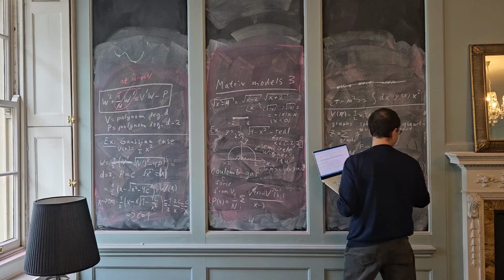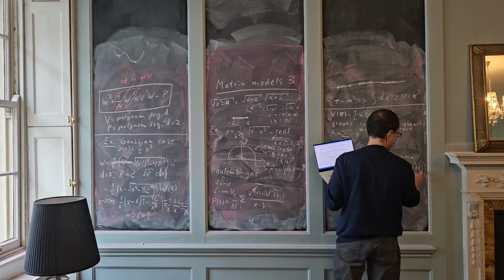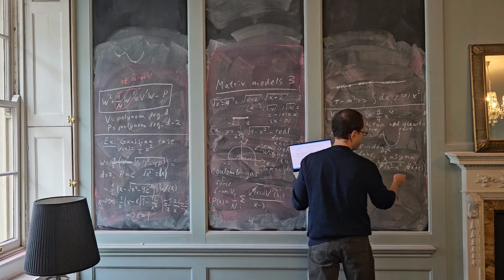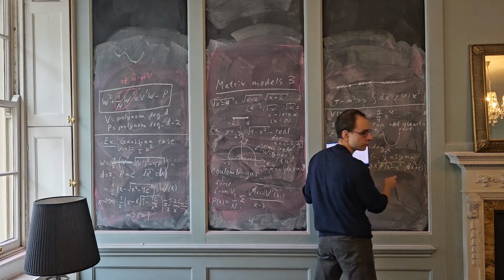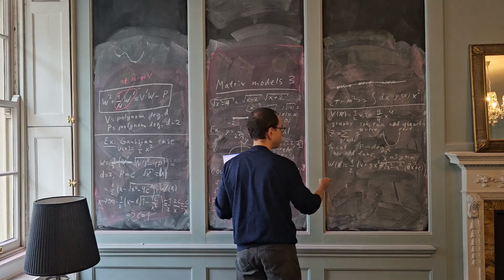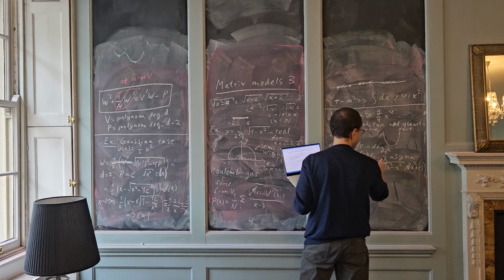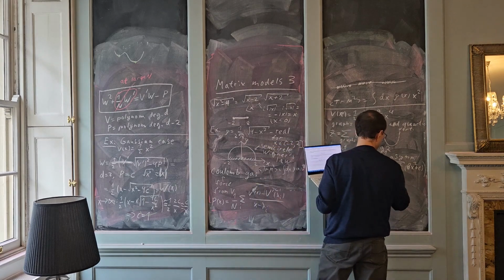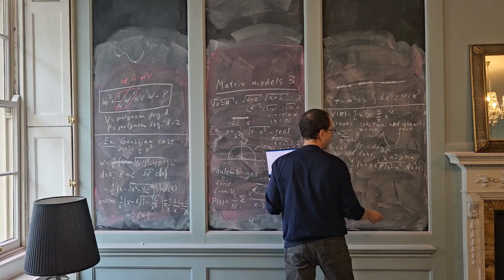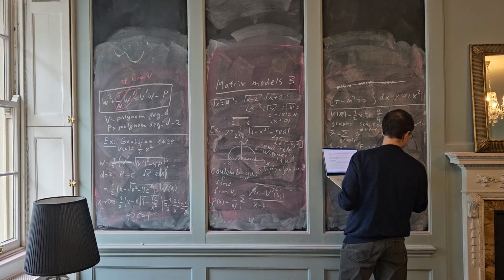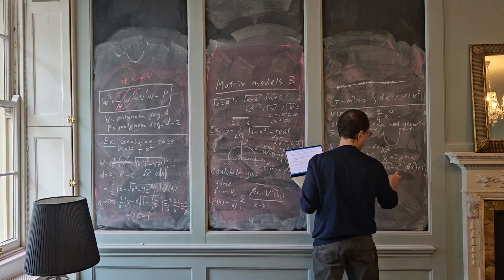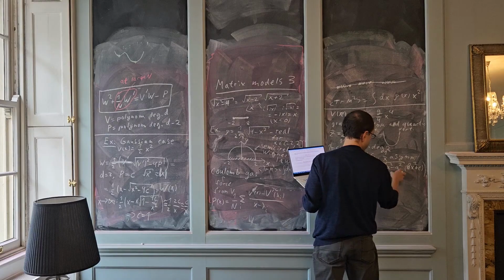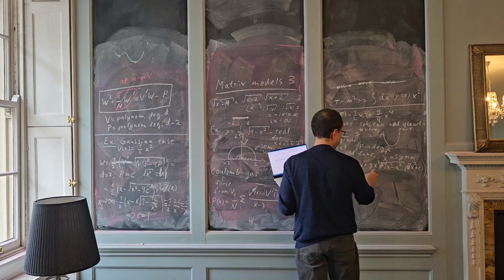Why this? It has to be an even polynomial. If we have a higher power like x to the 4, then it's impossible to impose the 1 over x asymptotics, because it would not be possible to cancel it by any other term. So we can only have x squared and a constant. The x squared can be canceled by this square root, which will give x, and this x cubed.